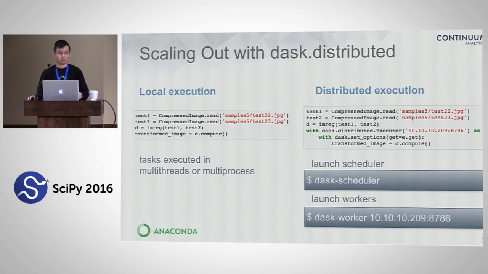Then the compute line is the same, d.compute. So you can just change the top level code. You don't have to go deep into your algorithm to change that. And to launch the scheduler, it's just 2 commands. This command, dask-scheduler, and there's also launching workers with dask-worker, and it would spawn a process using all the cores, 1 thread per core on your machine.